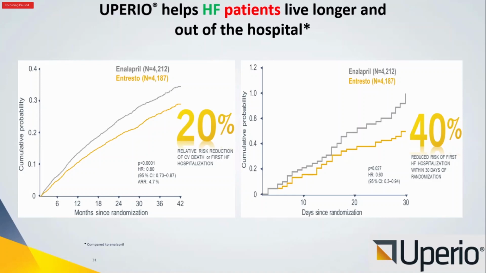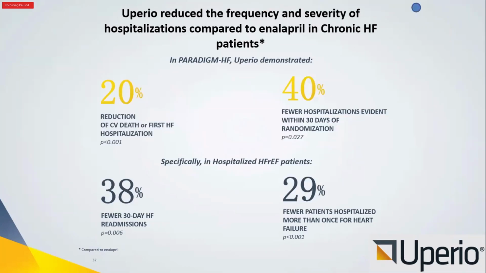Remember the earlier slides I showed you, that once patients start having heart failure with diabetes and hypertension, you can count their end in months. But when you look at this, you see that within days, the patients have experienced great improvement. So there's a 20% reduction of cardiovascular death or first heart failure hospitalization, and a 40% reduction of hospitalization within 30 days of starting this drug.